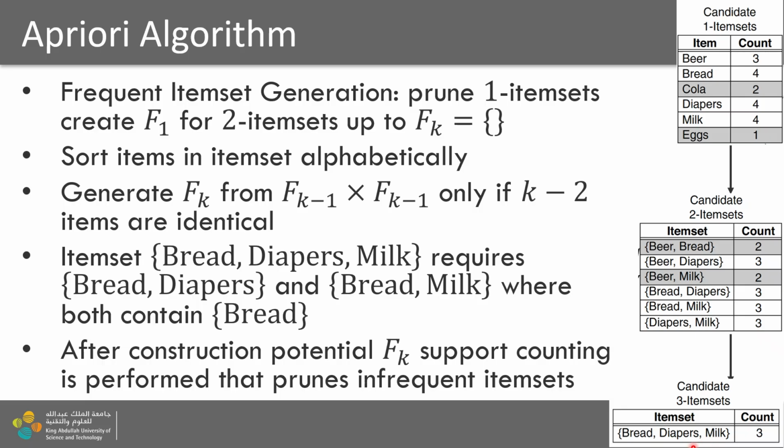So we have created just one item set: bread, diapers, milk, and the count of this is 3 times, so it passes our threshold.